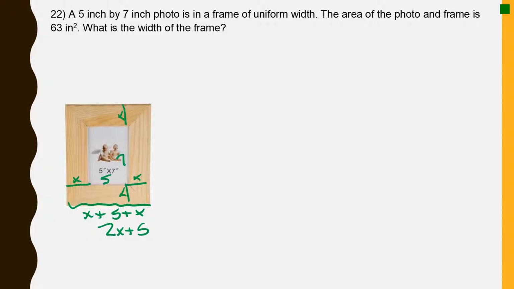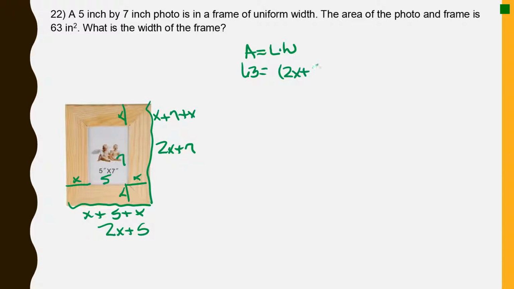This is x, making this whole thing x plus 7 plus x, or 2x plus 7. So when I do area is length times width, 63 is 2x plus 5 times 2x plus 7.